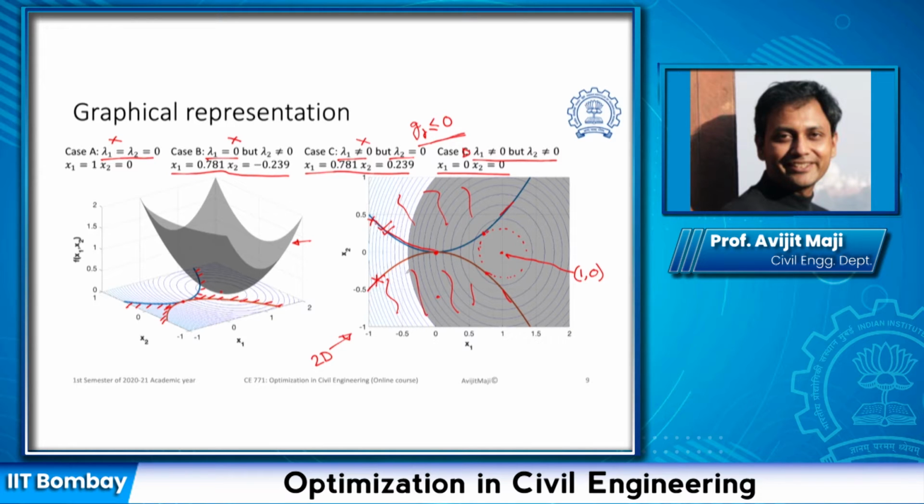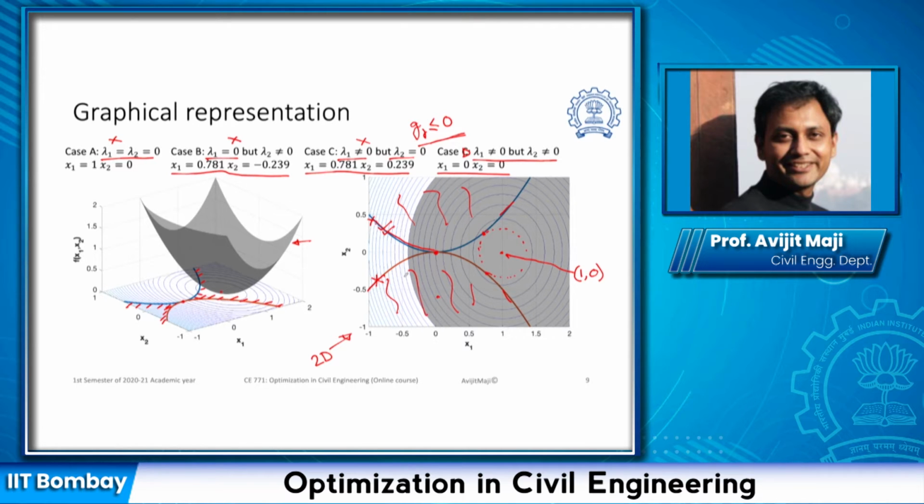In other words, the Kuntakar conditions are not giving me a definite answer for this particular problem, but we know that we have reached a solution which satisfies the Kuntakar conditions, at least with respect to the constraints. However, with respect to the lambda values, we are still indecisive on this particular point.